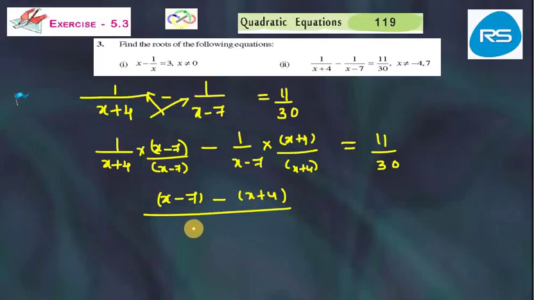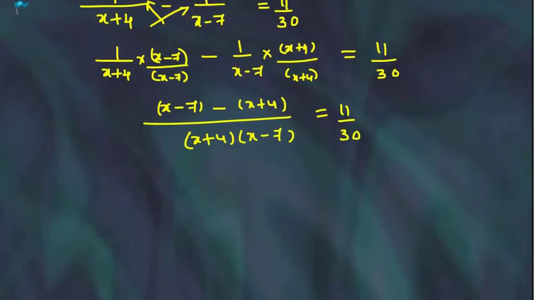So what is the denominator here? x plus 4 into x minus 7 is equal to 11 by 30. So earlier I told that this will go that side and this denominator will go up. So here you are getting, and both will be multiplied. Next we'll go for further simplification. So x minus 7.